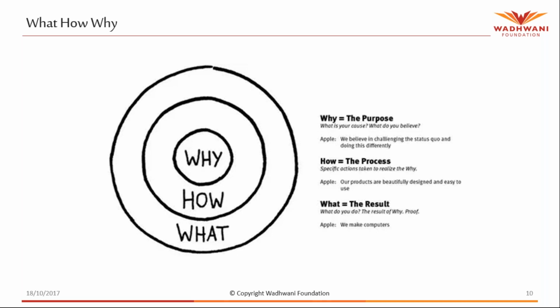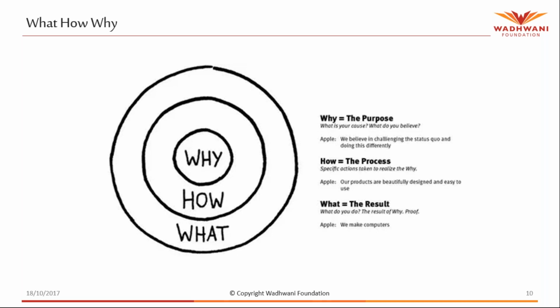For example, in the case of Apple, the real purpose is that they believe in challenging the status quo and doing things differently. How is the process that they have in order to achieve the purpose? What are the specific actions which are taken to realize the why?